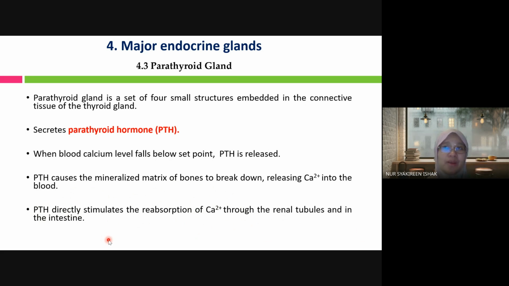Kita makan kan, so some of the food that you eat, bukan kalsium ni bukan sumber dia susu, dairy product je, ada sumber lain juga. Okay, daripada makanan yang you all makan. So calcium from the food that you eat will be absorbed by the kidney and also from the intestine through absorption of nutrients from the food that you eat.